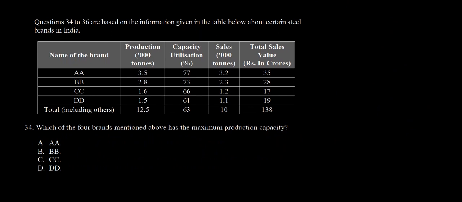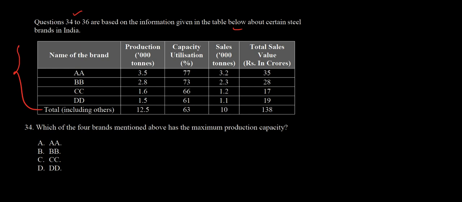So here you can see questions 34 to 36 are based on the information given in the table below about certain steel brands in India. So 3 questions from 34 till 36 are based on this data. Let us begin with our first question, which is 34.